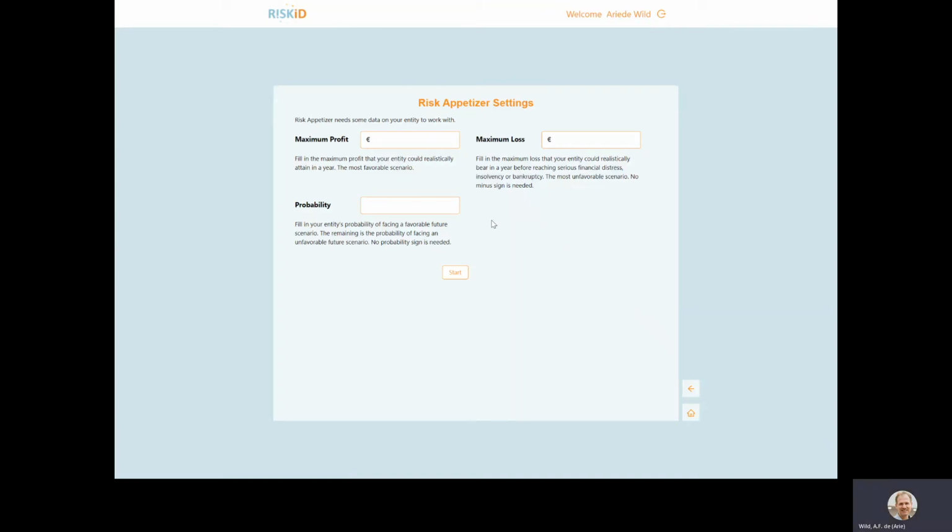Risk Appetizer needs some settings first. It first needs to know the maximum profit your organization can realistically earn in a year.